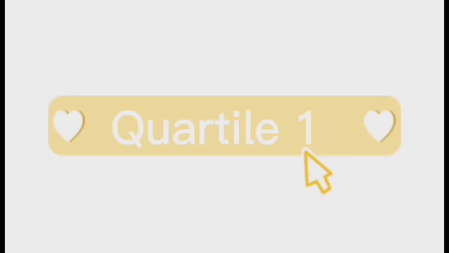Let us first get our quartile 1 and substitute all the given. So we have here Qk is equal to LB plus kN over 4 minus CFB over F Qk times i.